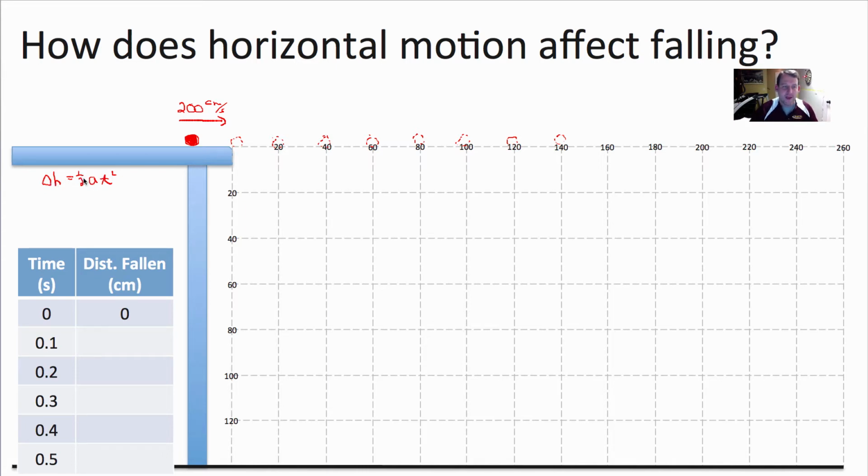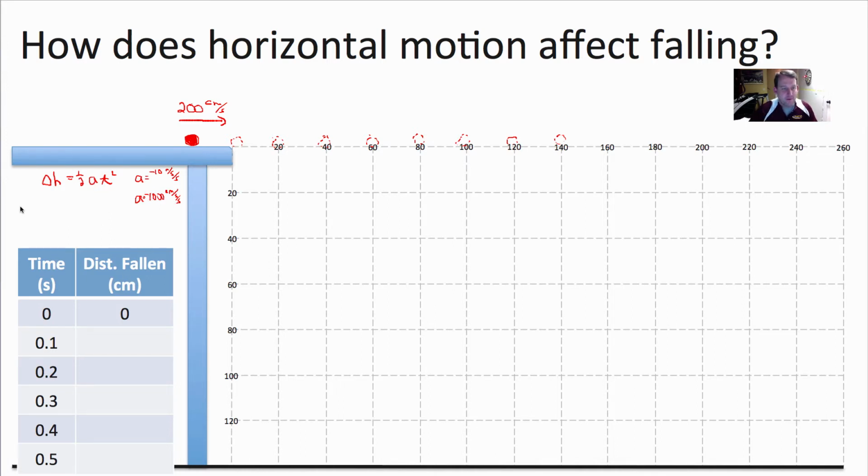Now, in this case we're using centimeters, so we're going to have to convert. We know that a is normally -10 meters per second squared, but we need to convert a into centimeters, and that's going to end up being 100 times more, so it's going to be -1000 centimeters per second squared. This is the a we'll use in this equation because we're using centimeters.